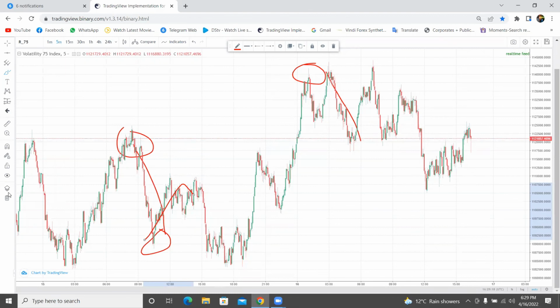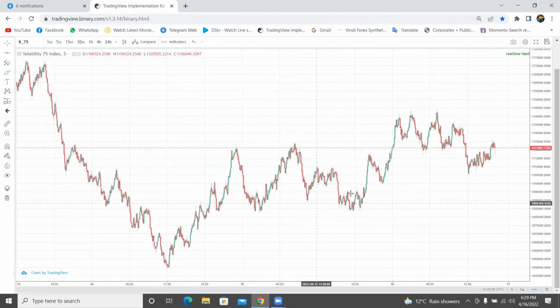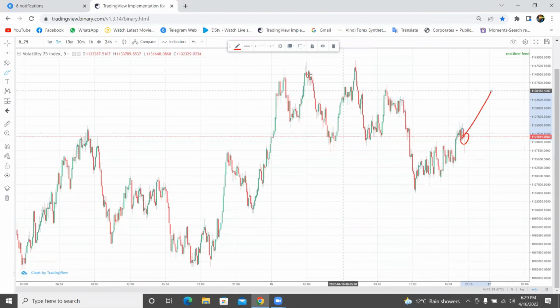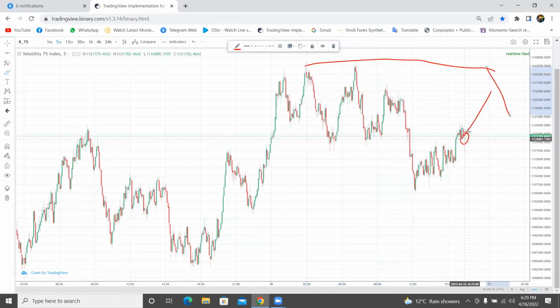So I have to come here and show you, guys, this is our strategy. We work like this. When it comes to exactly this point, we buy. When it comes to this point, we're going to sell. But I already showed you now what we're going to do.